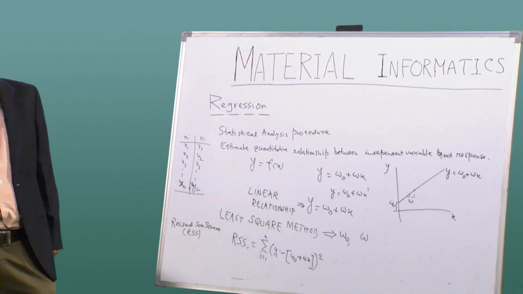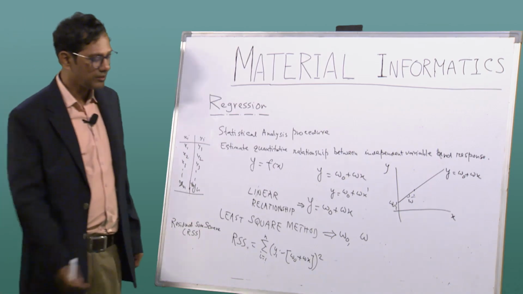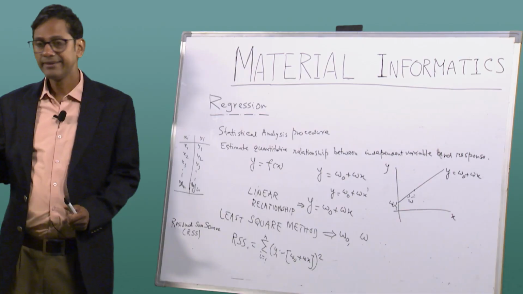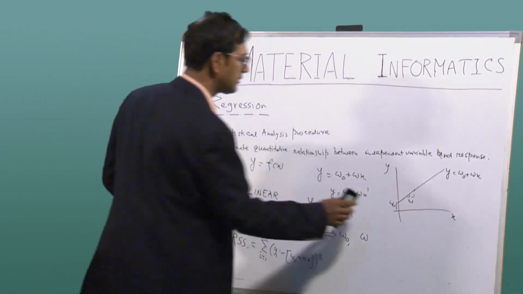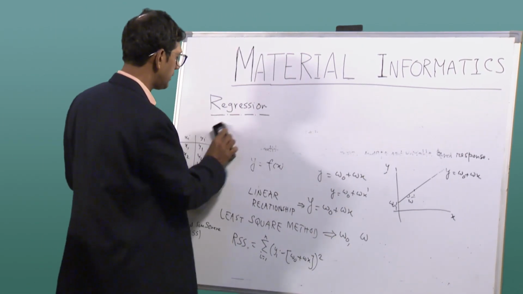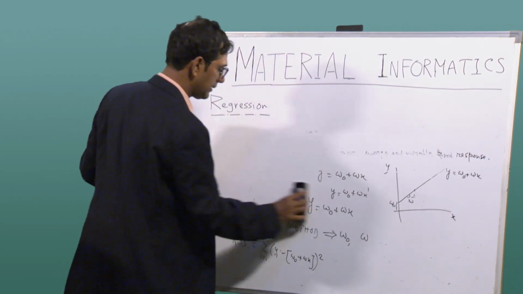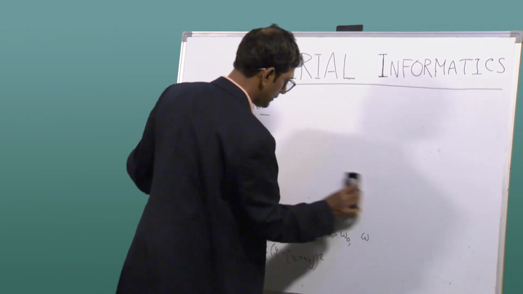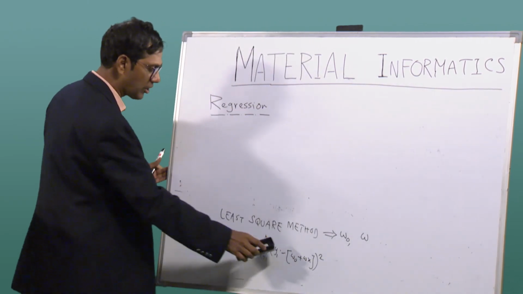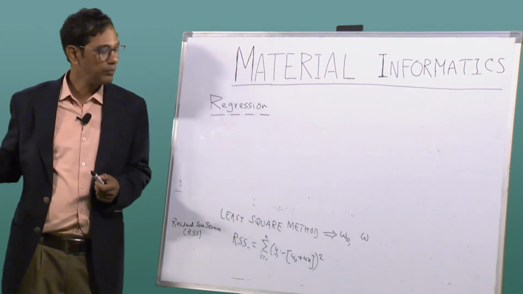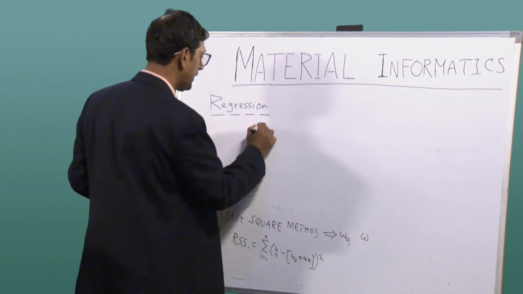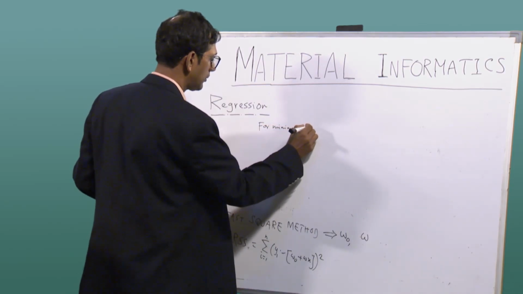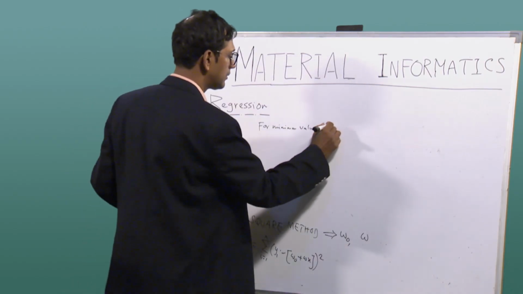Am I clear? So, how do I find out W naught and W? Very simple, simply by taking the first differentiation. Let me remove this part so that I can talk about it. I can just differentiate this RSS with respect to both W naught and W and put it to 0, for the minimum value of RSS.